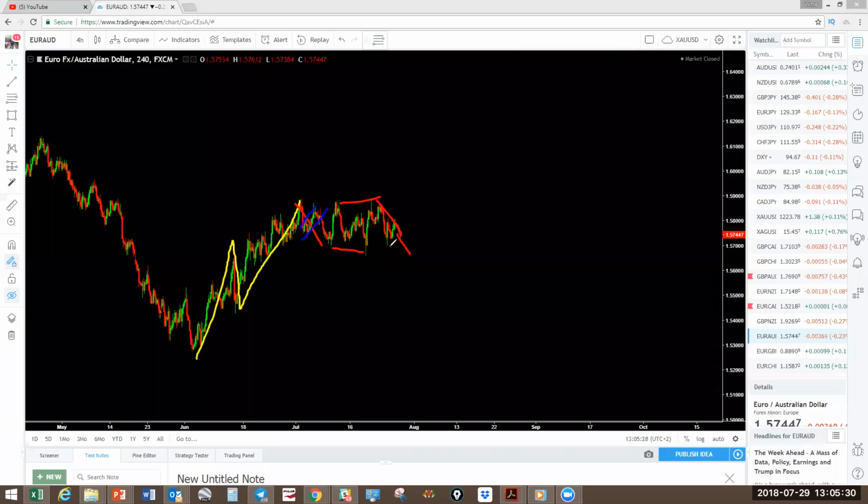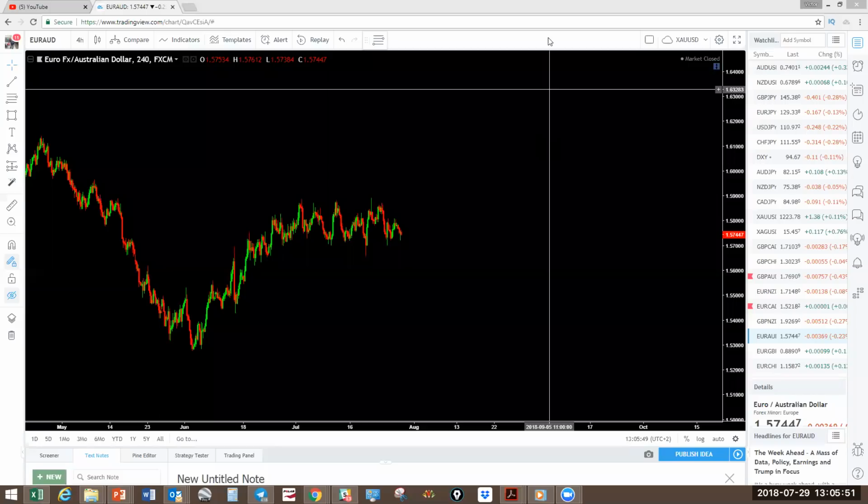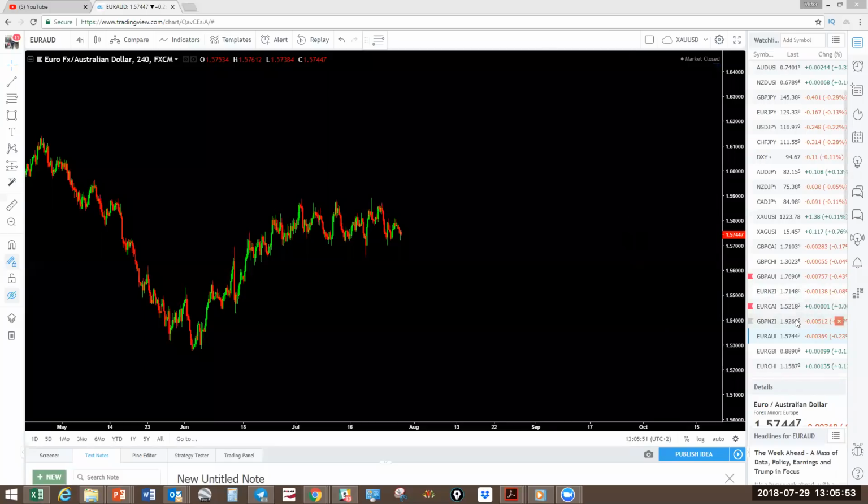That is the correction that's happening now before you get this drop and a continuation to go and retest that level over there, this level here. So that's how we're looking at EURAUD. You need to be able to follow the structure here so that you don't miss it. It should give you a nice entry point.